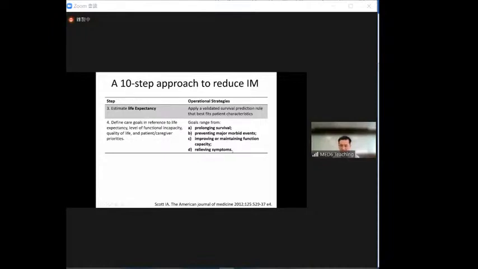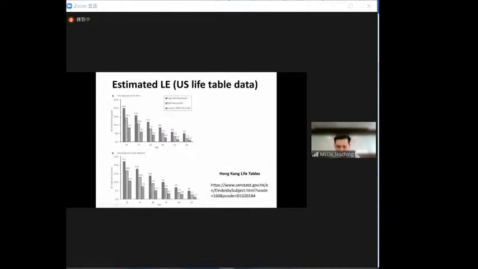And then the patients probably would have a short life expectancy. So this is the way we estimate the life expectancy from the so-called life table data. This table shows you the life expectancy in the United States.